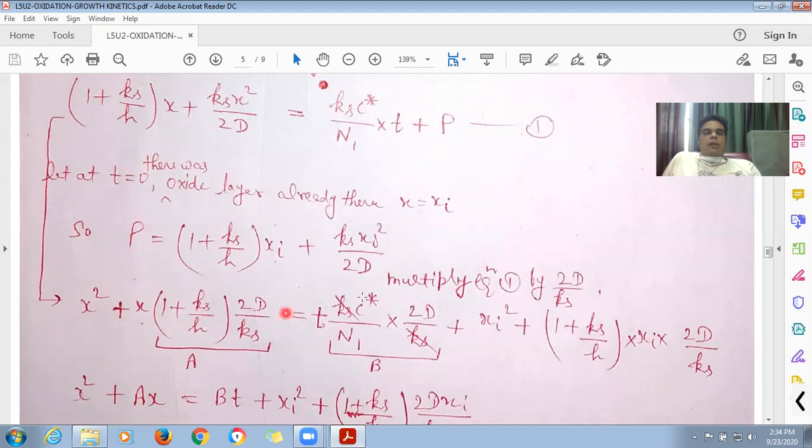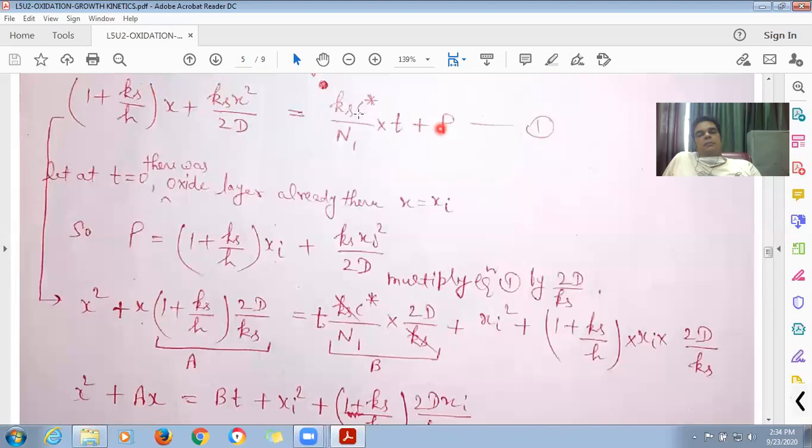Now I multiply equation number 1 by 2D upon Ks. Why am I multiplying this by 2D upon Ks? Because to eliminate the term multiplying x square.